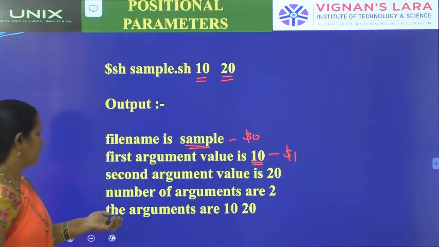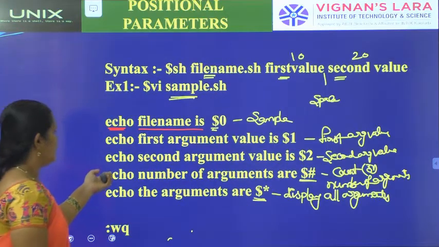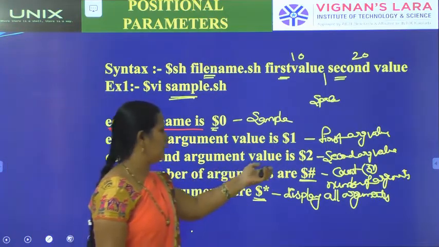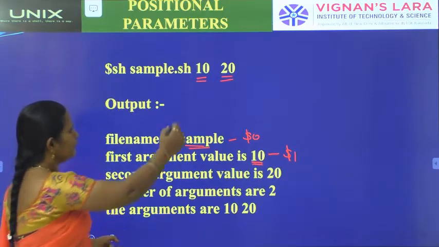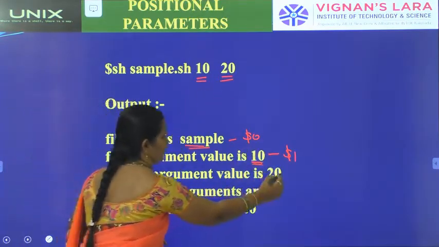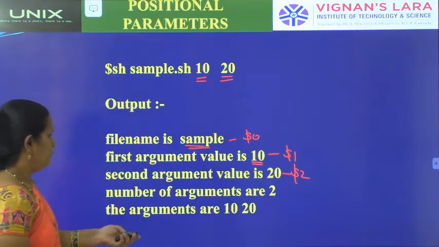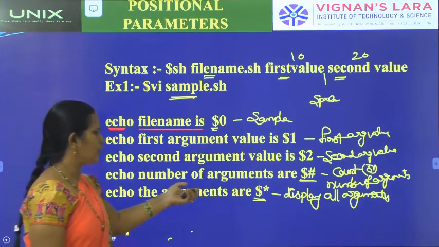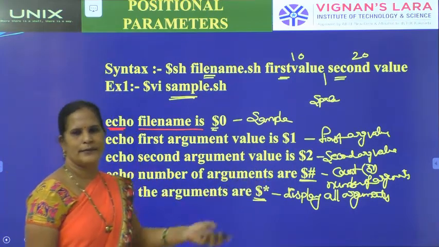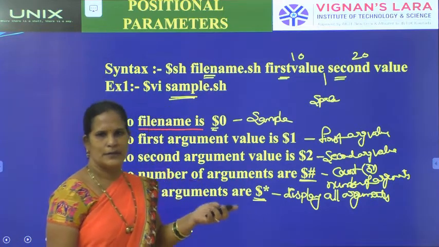Next, echo "second argument value is". What is the second argument value? 20. Next, echo "Number of arguments are". $# indicates it's going to count the number of arguments submitted to the shell script.